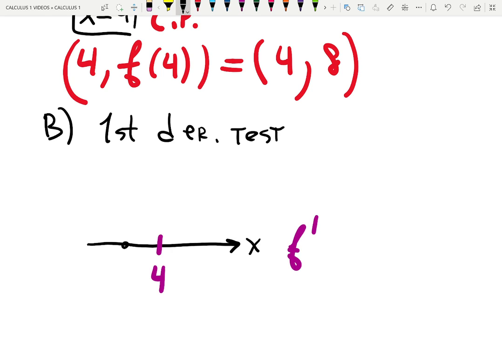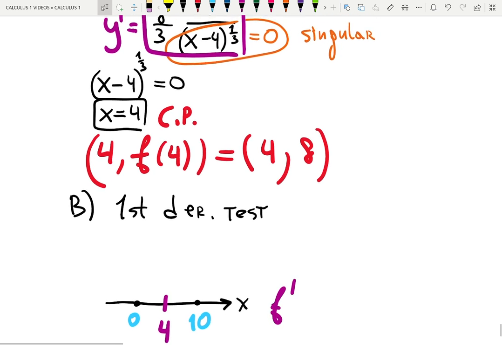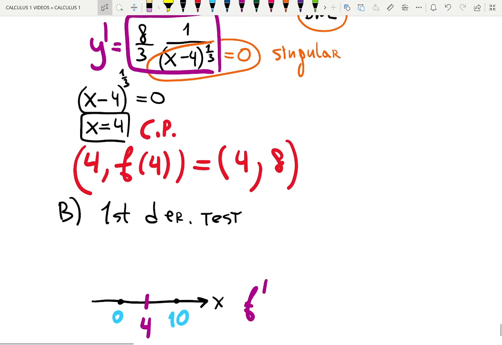Now, choose test points and check the sign of the first derivative. That's why I call it the sign line for the first derivative at those points. I guess 0 is a good choice for the interval on the left, and whatever you like, 10, 5, for the interval on the right. I'm going to substitute those points into the first derivative. I only need to know the sign.